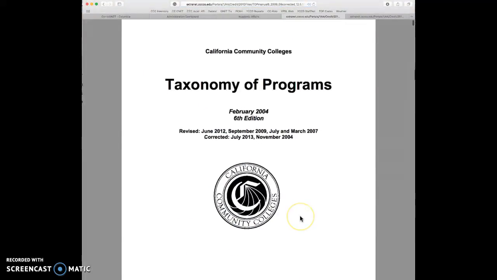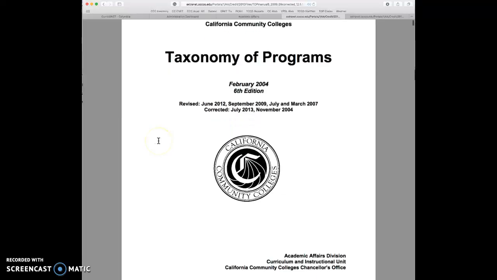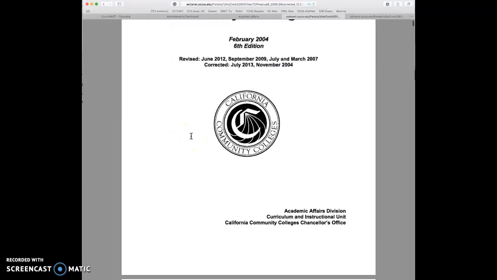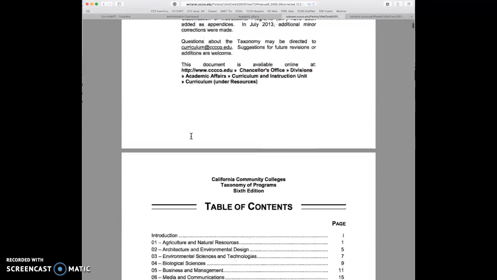And the taxonomy of programs sounds like this very dry thing, but it has a really critical purpose to the California Community Colleges, in that it sorts all of the possible academic programs that can be offered in the California community colleges into a coding system. And that coding system really helps manage data on our courses and programs as well as our student success data.